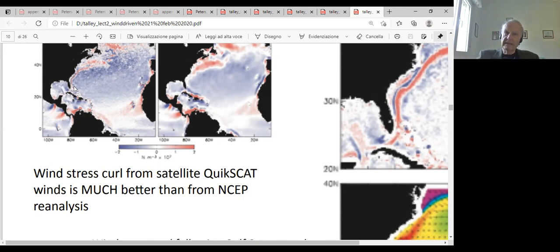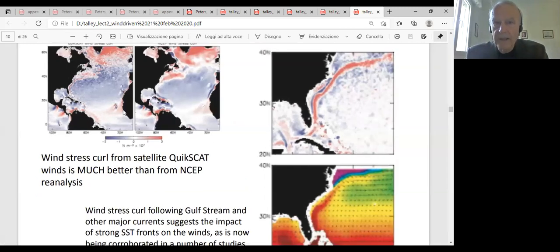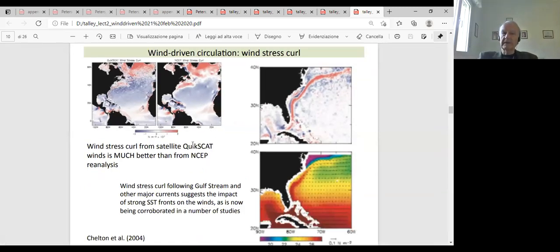Therefore, there's a strong difference in temperature between the pathway of the Gulf Stream and the rest of the Atlantic Ocean. Consequently, the wind velocity feels these differences in temperature, and this is also reflected in the wind stress curl.